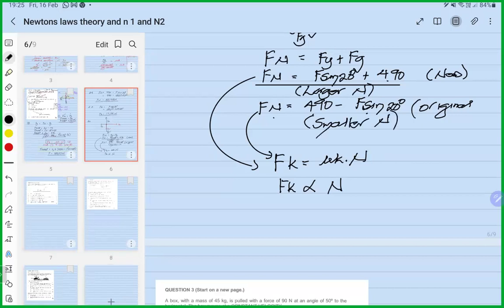What does that mean? It means if you've got a smaller normal, you're going to have a smaller kinetic friction. If you've got a larger normal, you're going to have a larger kinetic friction. So in the new situation, Fk is larger.